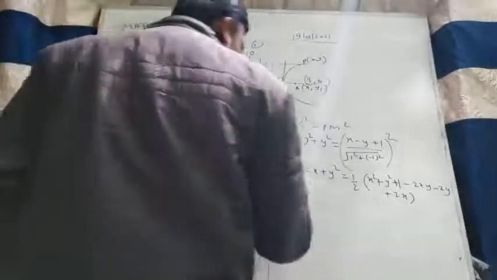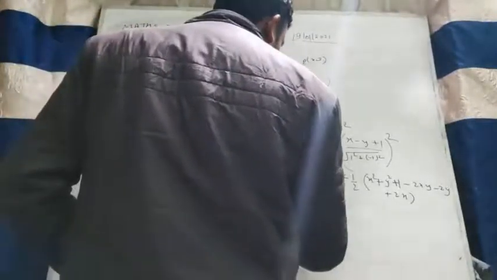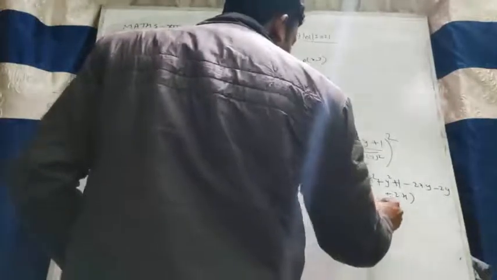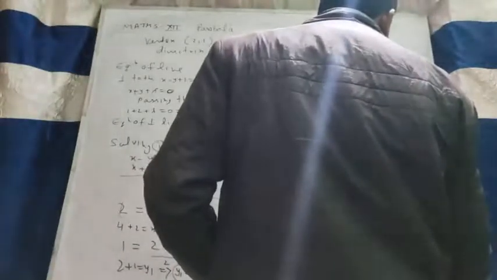Okay student, I hope you understand. Now do the cross multiplication. Here we write 2x square plus 2y square minus 12x plus 18 is equal to x square plus y square minus 2xy minus 2y plus 2x plus 1.